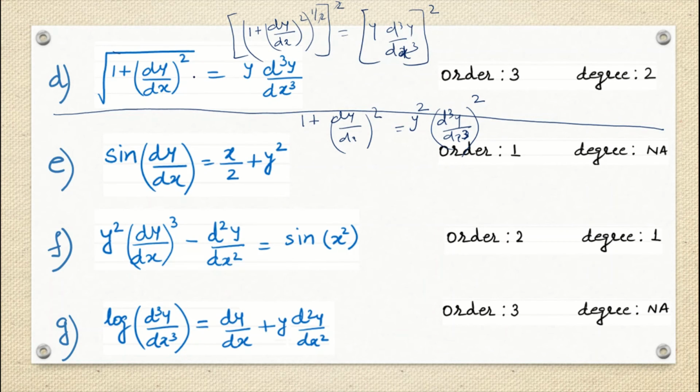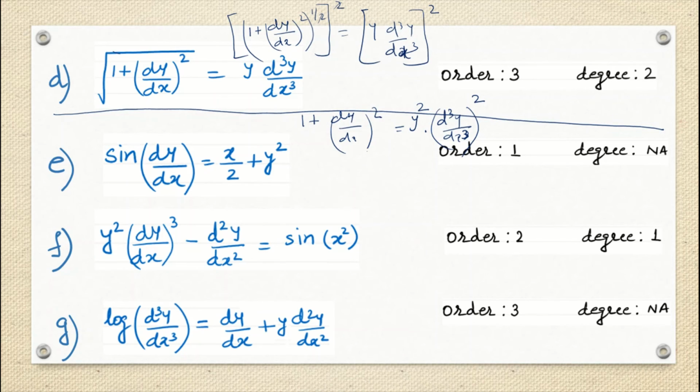I've done nothing, I've just rearranged it, making the fractional power into non-fractional power. So this is 1 plus dy by dx whole square equals y square into d3y by dx cube power 2. Okay, so now what will be the order?